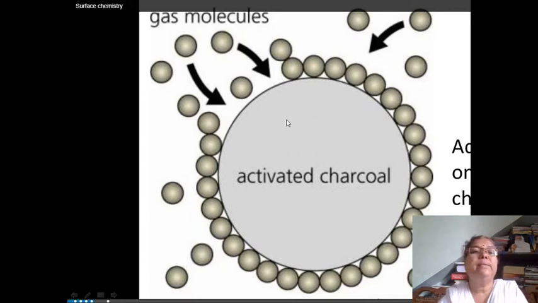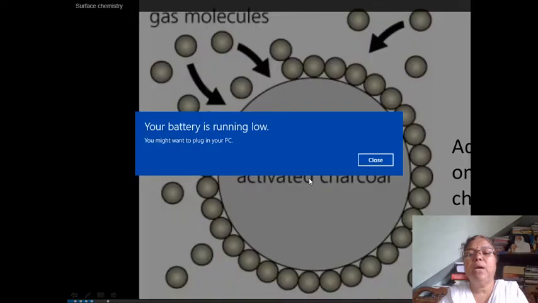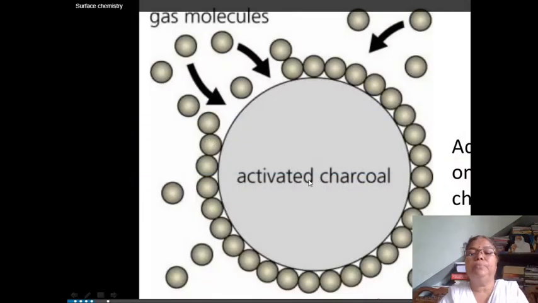This process is called adsorption: the collection or accumulation of one substance, here gas molecules, on activated charcoal. That means this activated charcoal is a solid phase and this one is a gaseous phase.